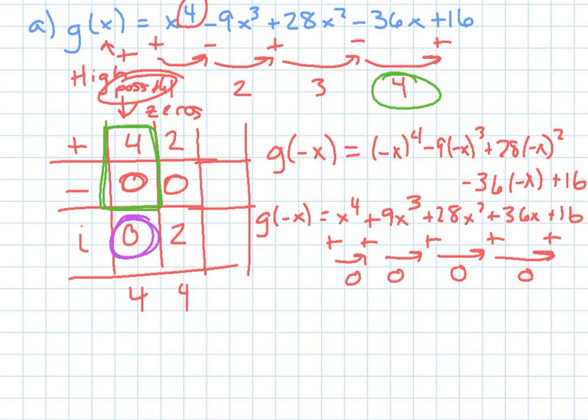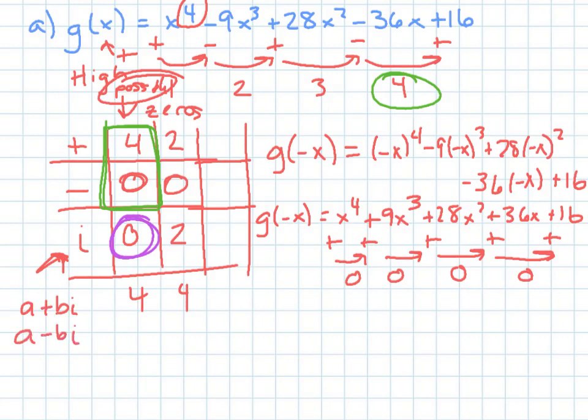Now, think about this. The reason why it's an even whole number that it needs to go up or down by, or really down by, is that if you go back to the conjugate root theorem, if I have any root of a plus bi, and it's a solution, then that also means the conjugate is also a solution.